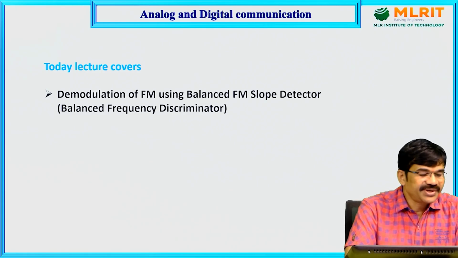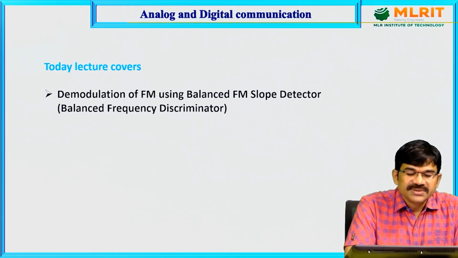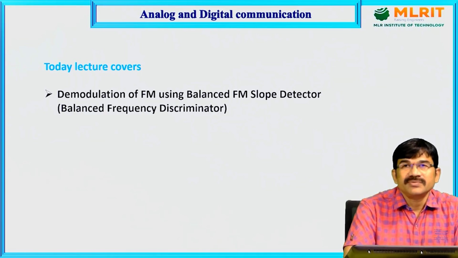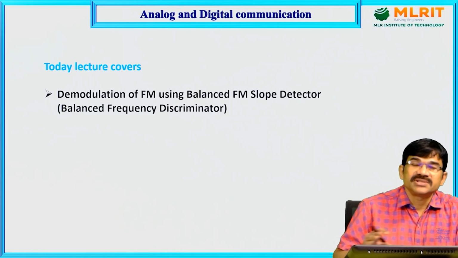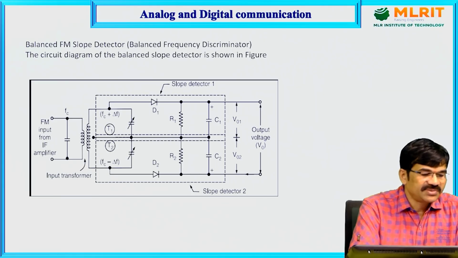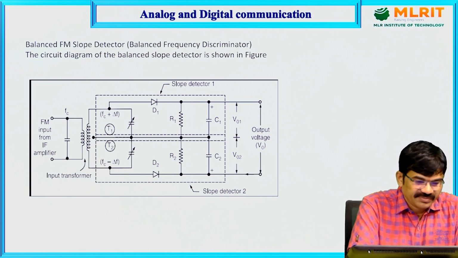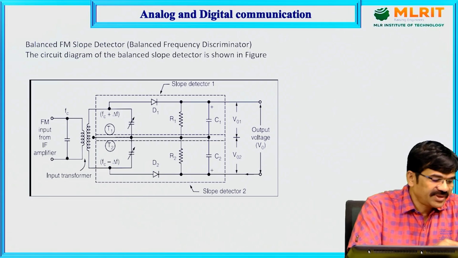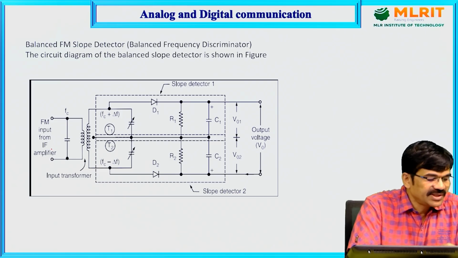I am concentrating on the balanced FM slope detector, or balanced frequency discrimination method, to detect the original information from the received signal. Here is the block diagram of the FM slope detector or balanced frequency discriminator. The first input is the FM modulated signal, the FM input from the IF amplifier, where IF is the intermediate frequency amplifier.